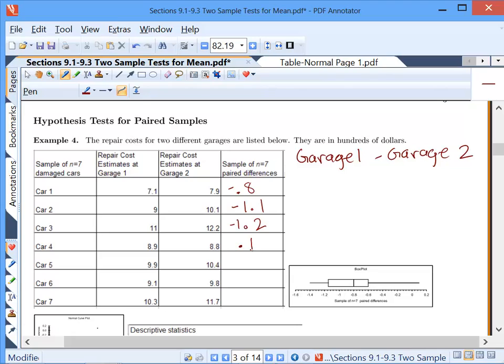Let's see, positive 0.1, 0.5, 0.7, and 1.4. Correct me if I'm wrong. Need to be negative, right? Yes. Negative 0.5, negative 0.7, negative 1.4.